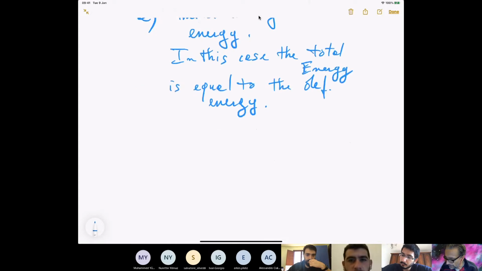So, which is our mathematical problem? Find chi defined in C star having values in E3.